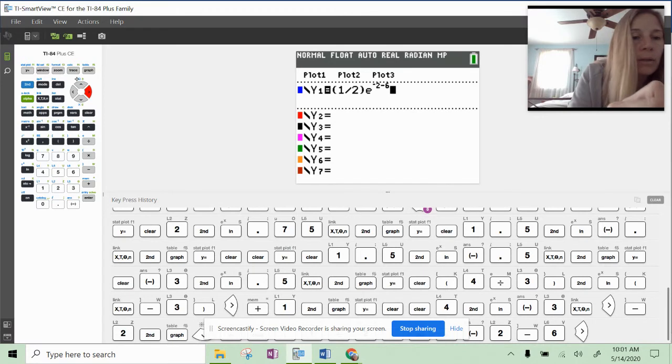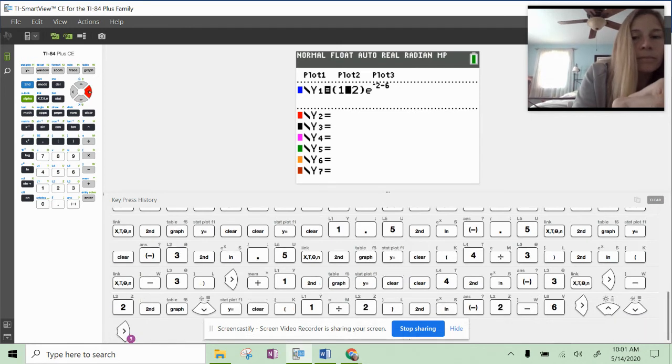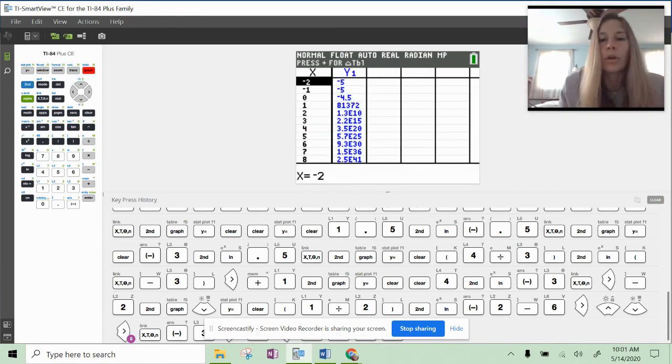Oops, I've missed an x. Okay, there we go. And then the -5 at the end. And then we go to our table. So you see how it's kind of leveling out at that -5 there.